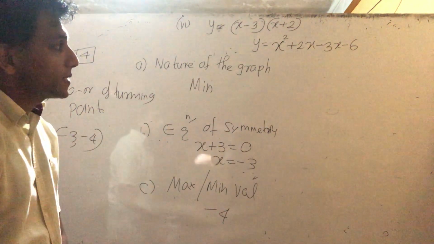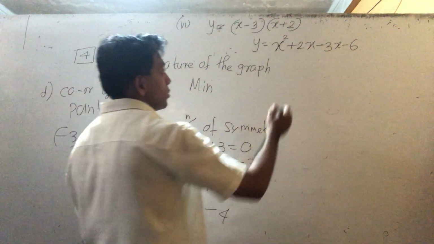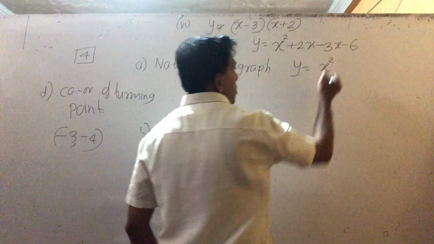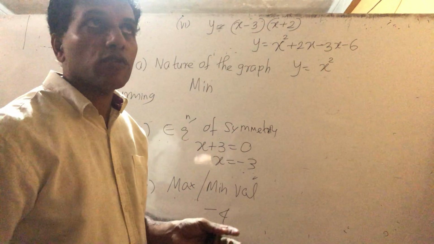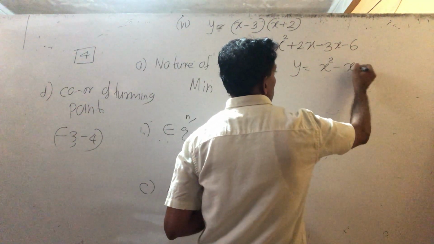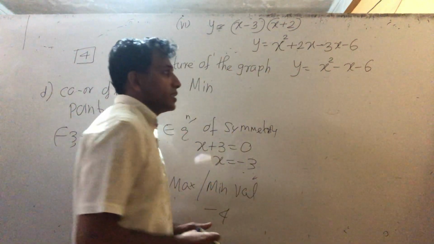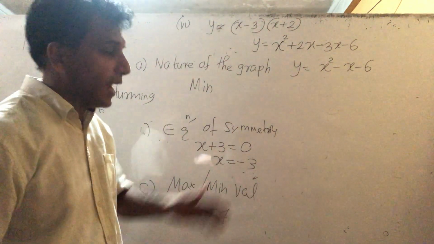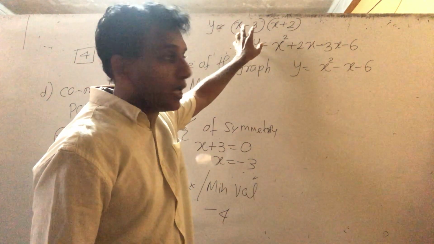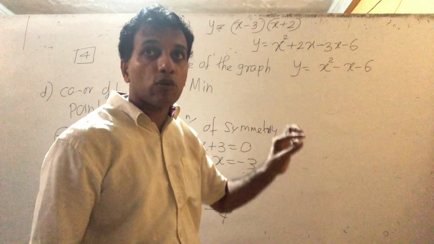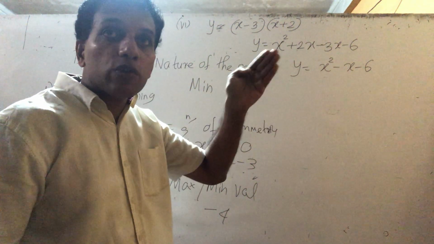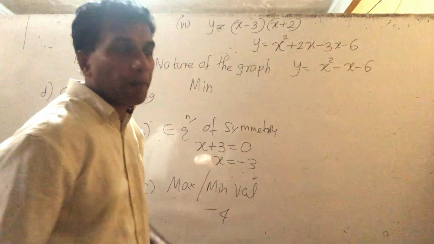So y equals x squared plus 2x minus 3x, which is minus 1x, minus 6. This is the graph. Another shape. This I said in my first video, the intersection pattern. This is the general pattern, y equals ax squared plus bx plus c. And now we convert it to the complete square pattern.